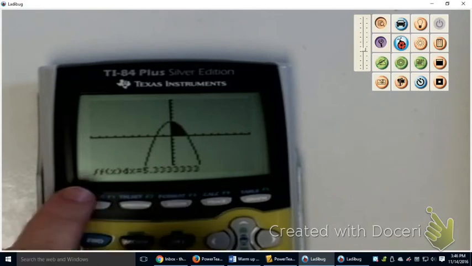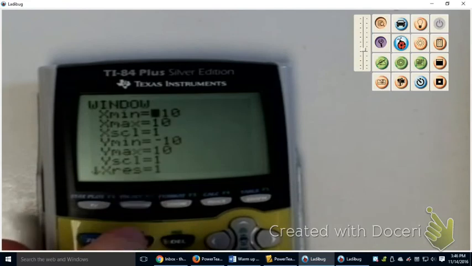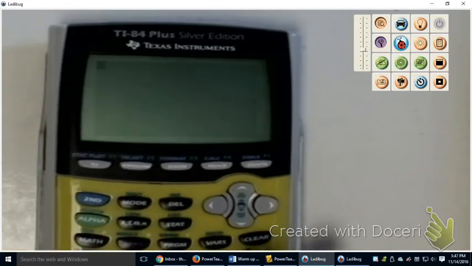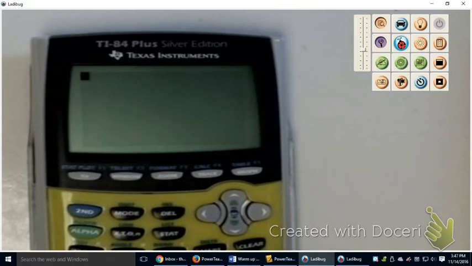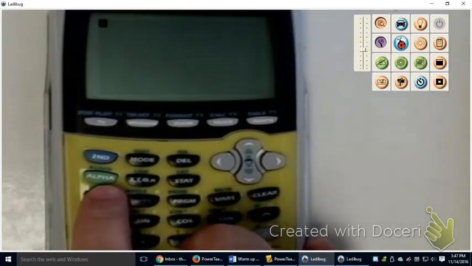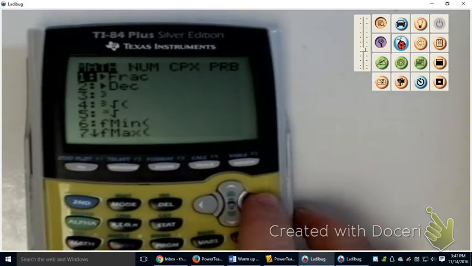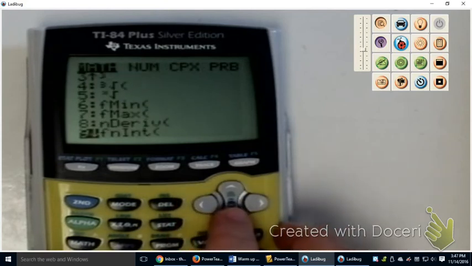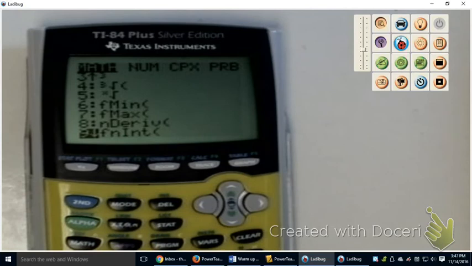Now, I want to show you also that in the regular screen, sometimes there's a case where instead of just looking at the graph, we just need to look at what the equation would represent. You go to math, you go to FNINT, that means function integration.